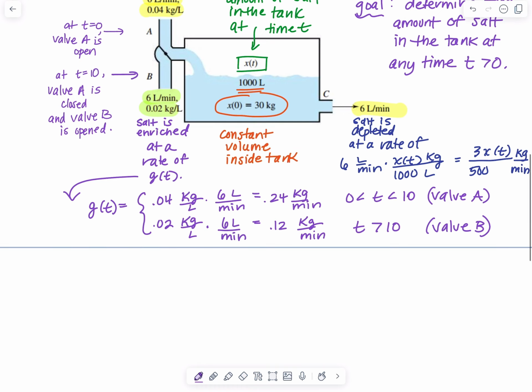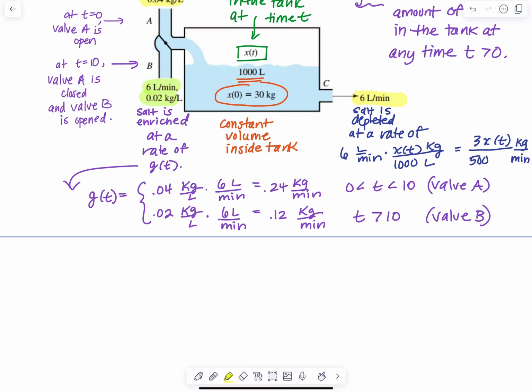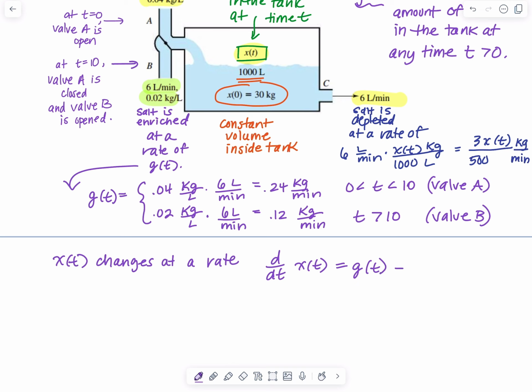Okay, so now how does this x of t change? So x of t changes at a rate, and so here we have the derivative with respect to t. That change in x of t is equal to g of t, what's coming into the tank, minus what's leaving the tank, the amount of salt being depleted.